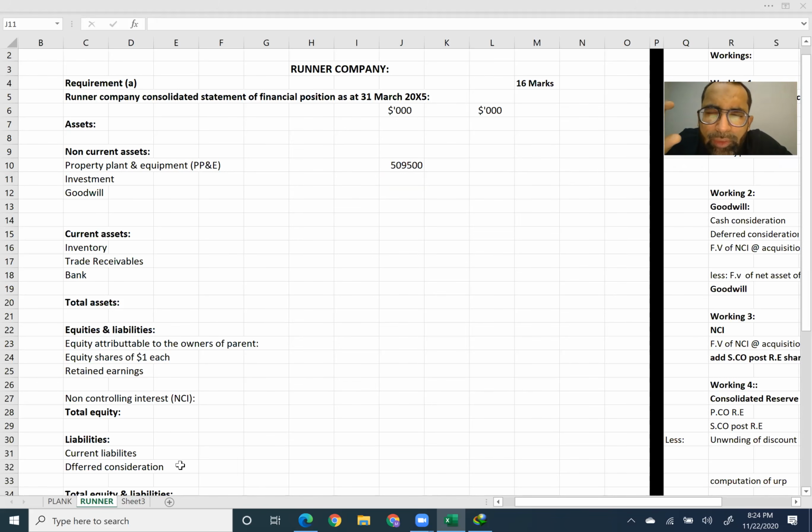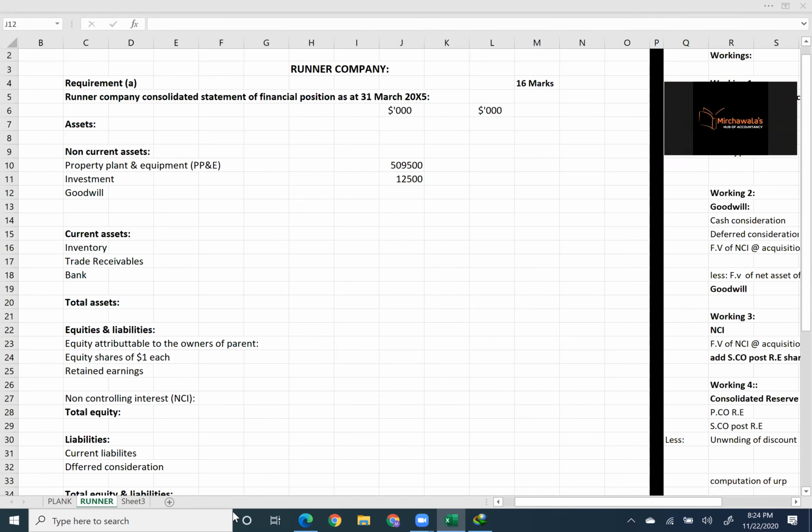So the remaining 12,500 is outside the group. And you know, outside group investments are never cancelled. So yes, we have to write this 12,500.